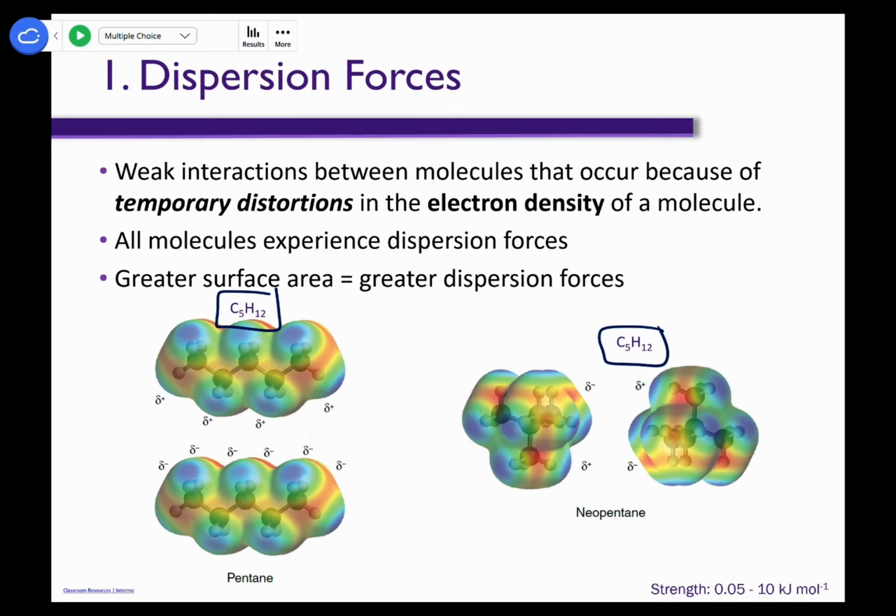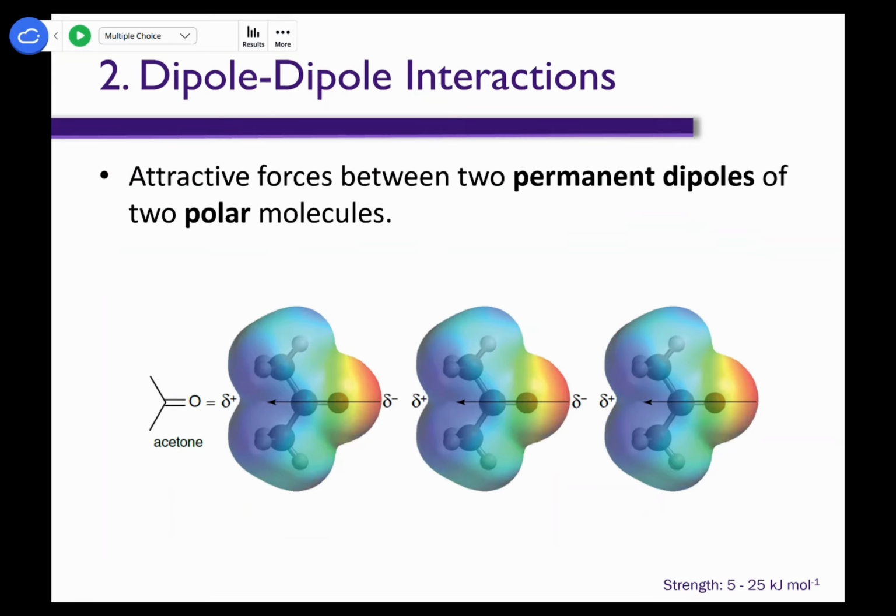These molecules have a smaller surface area to have these temporary distortions, those dispersion forces, compared to my normal pentane that just has a greater surface area. Bigger surface area means more attractive forces, greater dispersion forces. So you could predict the boiling point for that one as well.